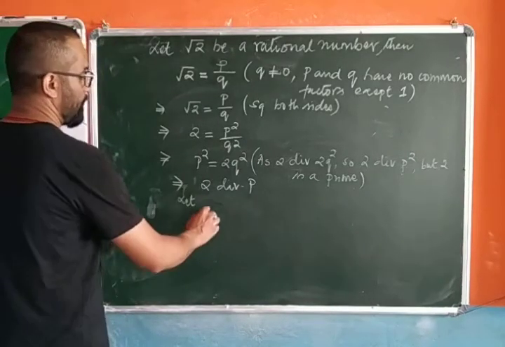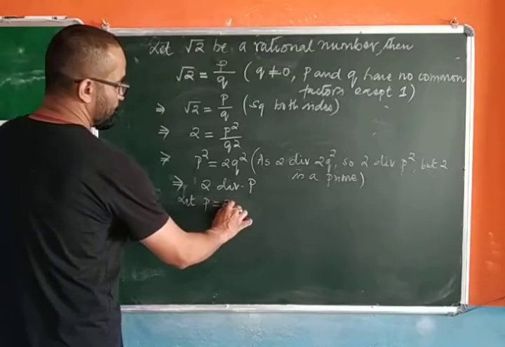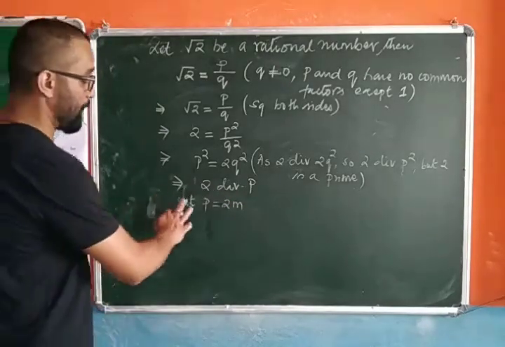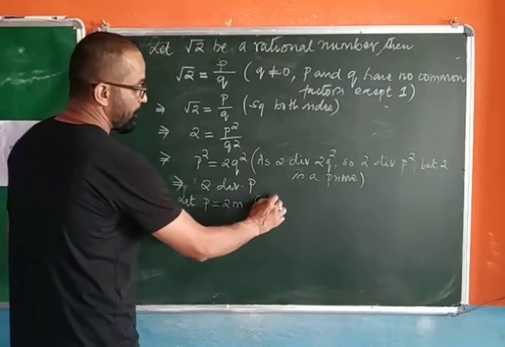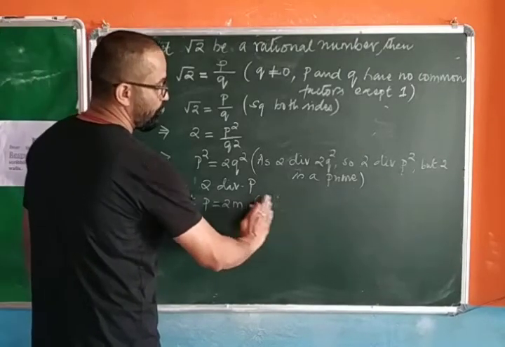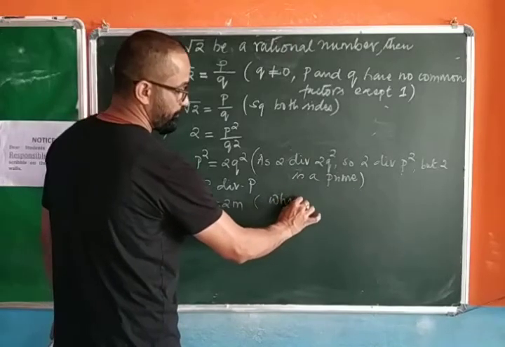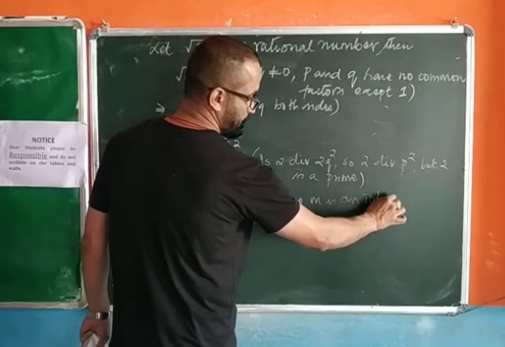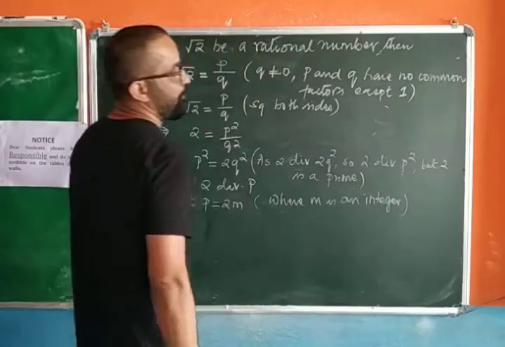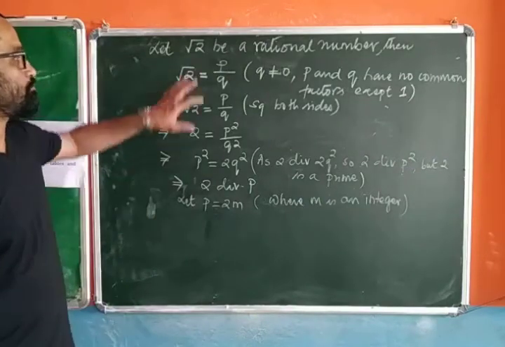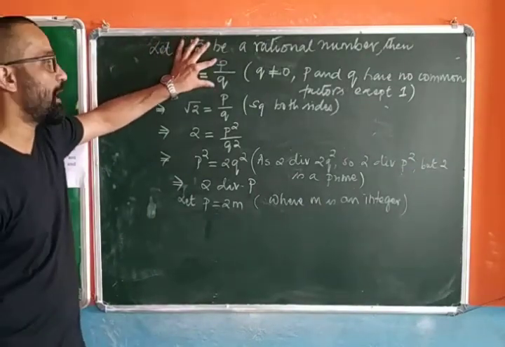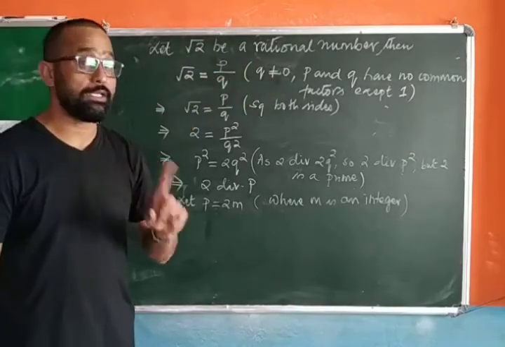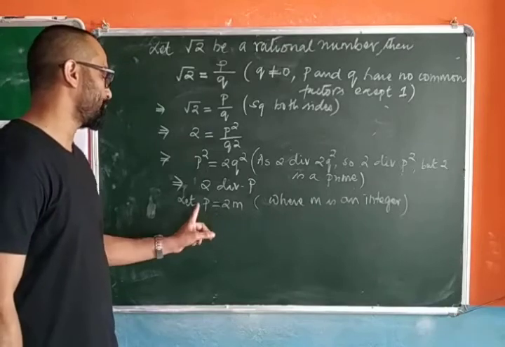Let p equal 2n, where n is an integer. When we talk about rational numbers, it is in the form p by q, q is not equal to 0, and p and q are integers, so we are assuming that here.